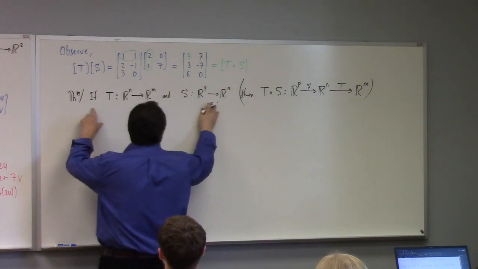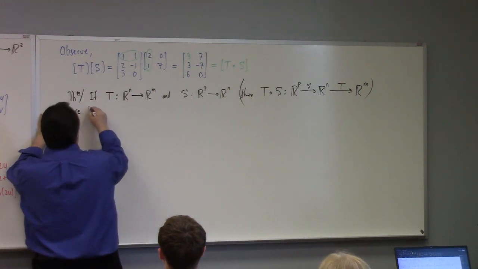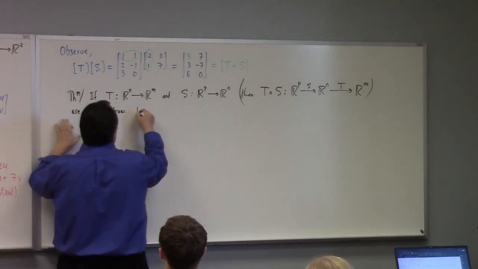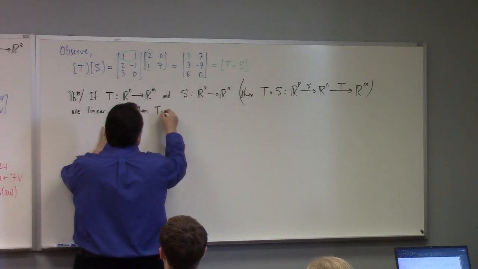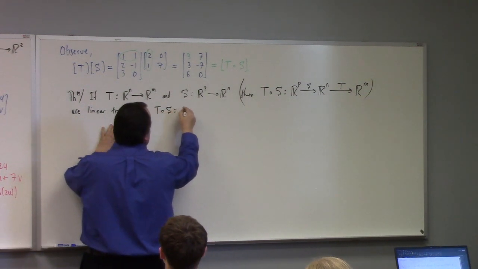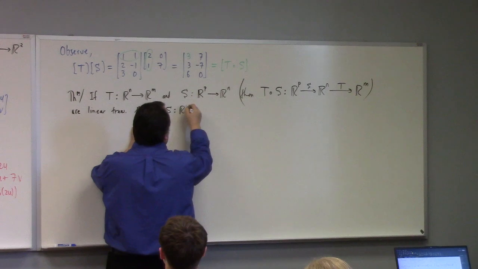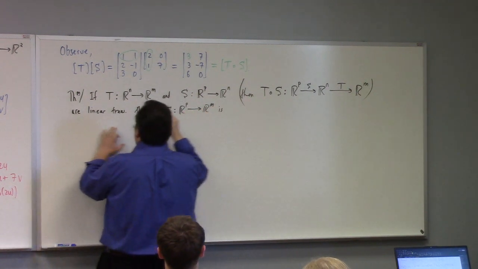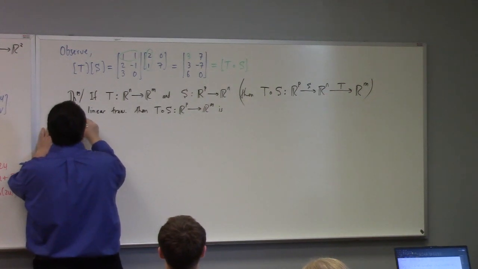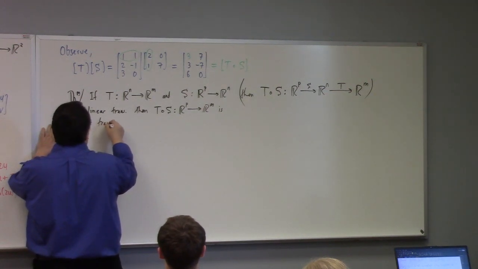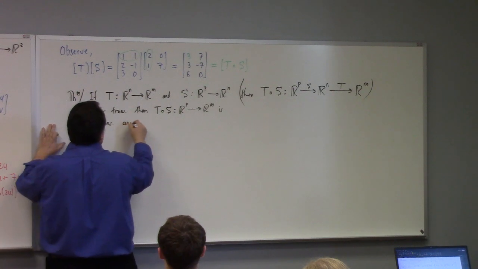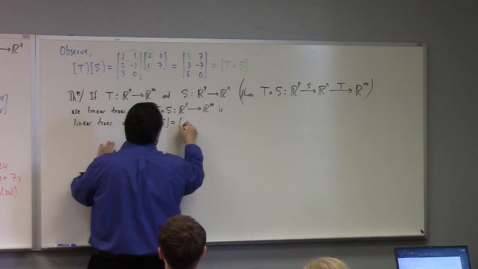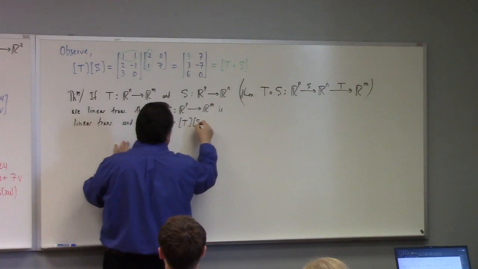If this and that are linear transformations, then T composed with S, a mapping from Rp to Rm, is a linear transformation. And the standard matrix of T composed with S is equal to the standard matrix of T times the standard matrix of S.